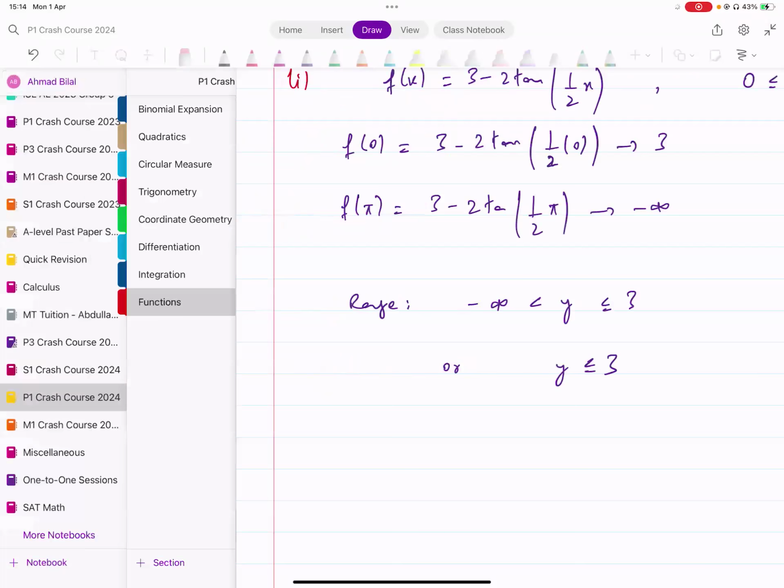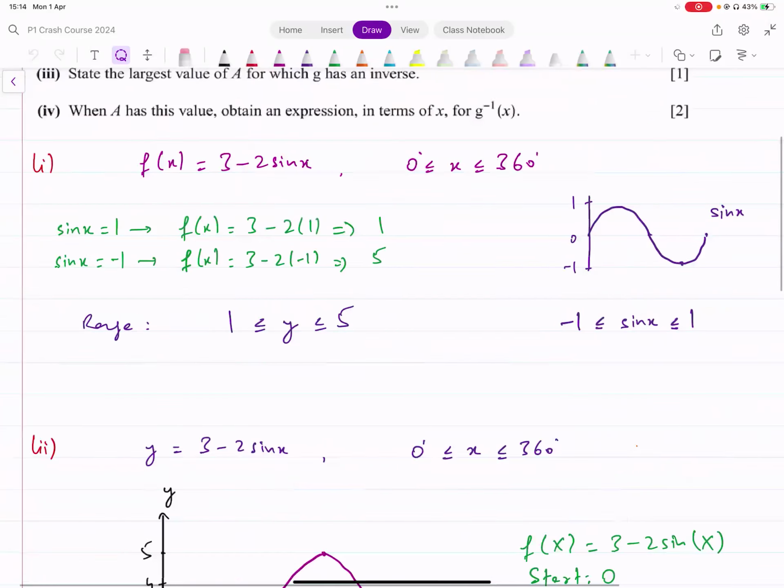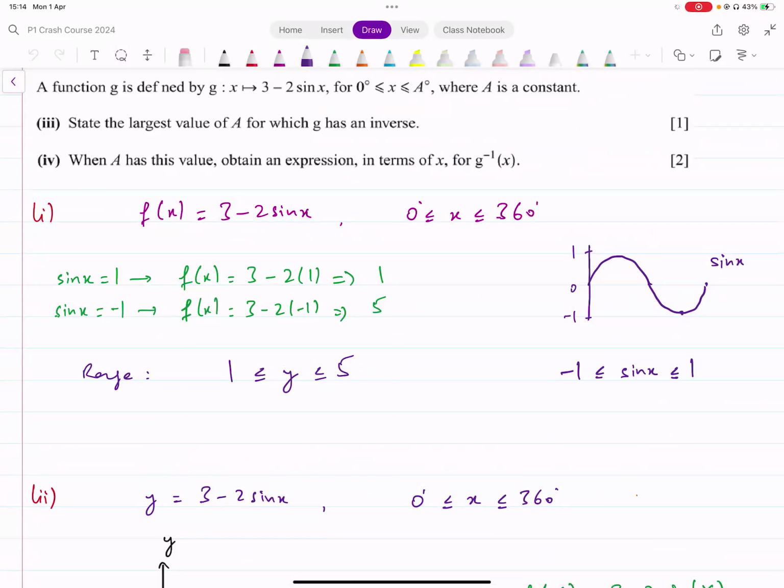But for sine and cos functions, it's pretty straightforward, because you know that if the cycle is completing, sine x has to be between -1 and 1. Cos also has to be between -1 and 1. So you can just try what happens at -1, try what happens at 1, and that will give you the extreme values of the function.